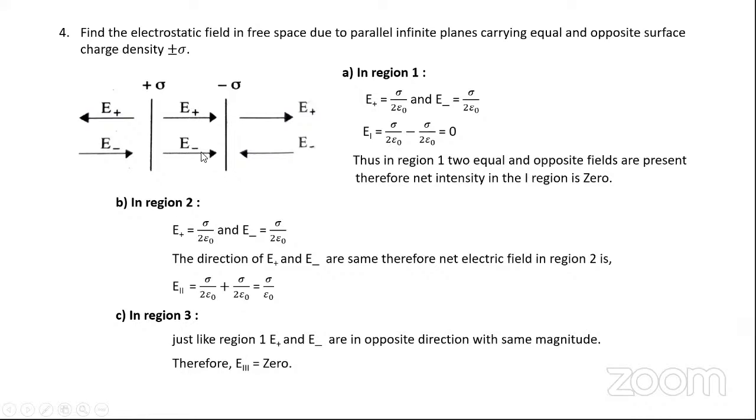And in the third region, the same thing is happening. E plus and E minus have the same magnitude but opposite direction. Therefore, in the third region also you have E third is equal to 0. So this is the best example.